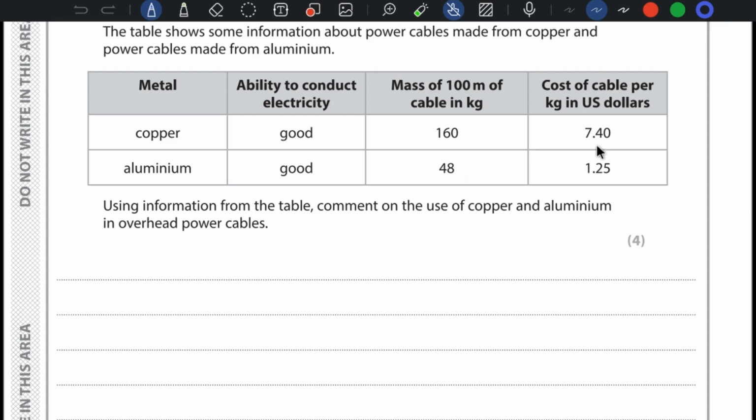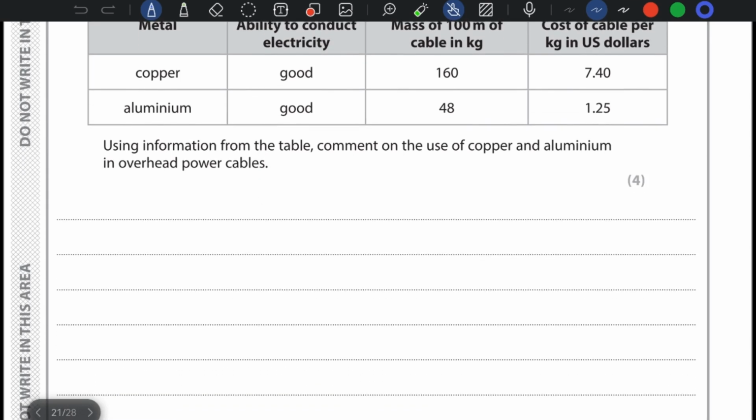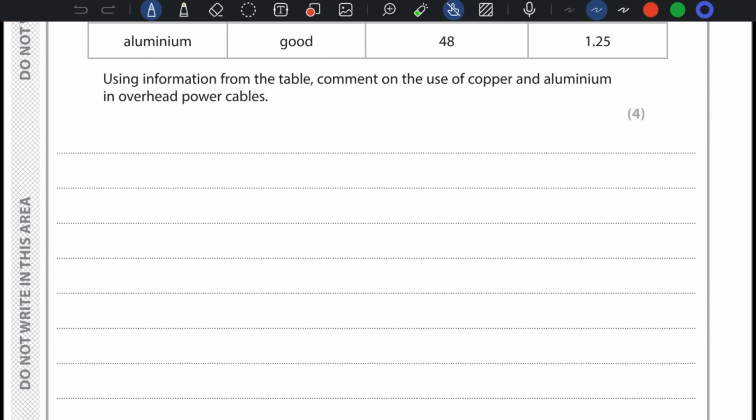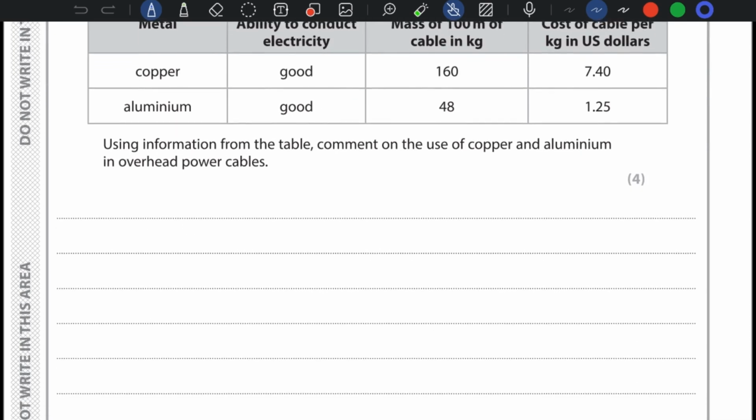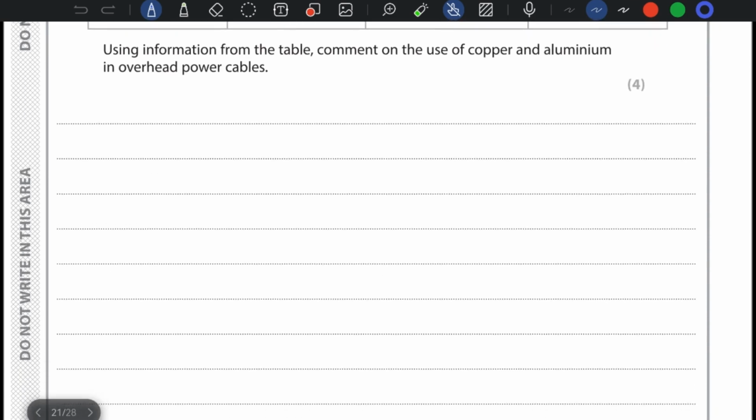Cost is $7.4 for copper and 1.25 for aluminium. Use the information from the table to comment on the use of copper and aluminium in overhead power cables. We choose aluminium. Both of them are conductors, but aluminium has lower mass or even lower density, and aluminium cables are easier to support because they're not heavy, and aluminium cables will be cheaper.